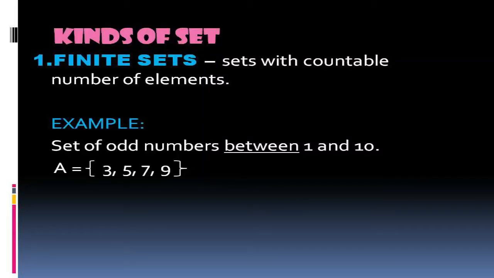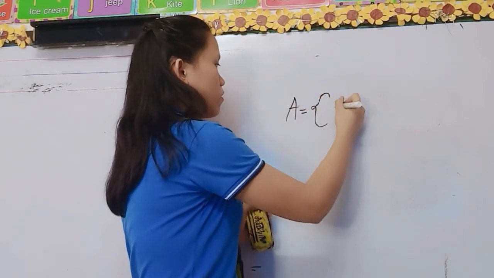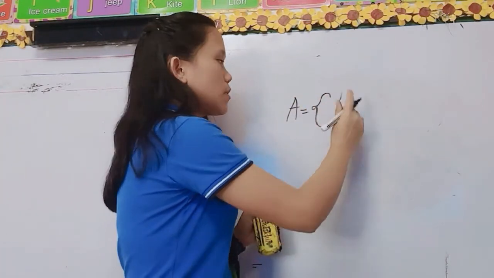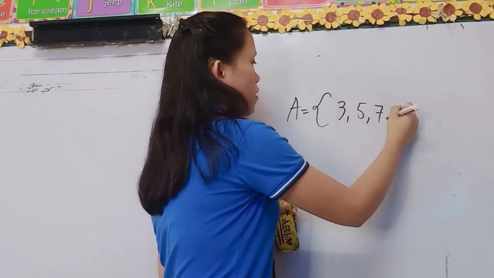When we say finite set, it is a set with a countable number of elements. Example: the set of odd numbers between 1 to 10. So what are the odd numbers between 1 to 10? The odd numbers between 1 to 10 are 3, 5, 7, 9.